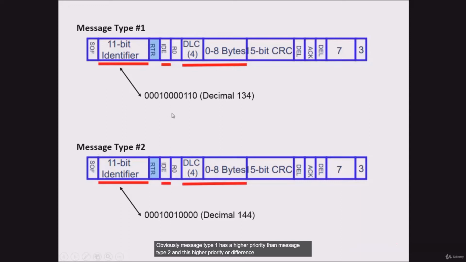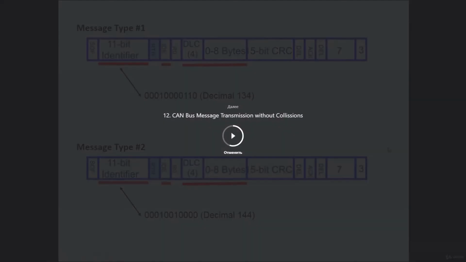And this difference in priority is what comes into play when there are network collisions to say what is a higher priority than another. And it will allow messages of lower value and therefore higher priority to take precedence over these messages here, which are of lower priority. So that's how the network arbitration happens at the byte level in terms of priority.